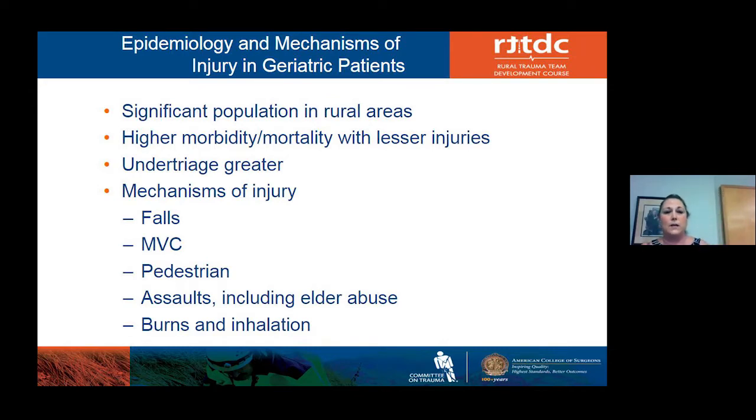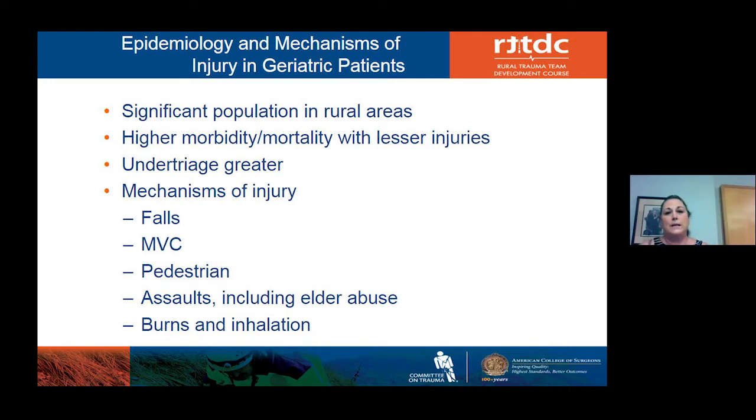So therefore, the geriatric patient, even at 90, could still be out in their home, living by themselves, and they could still be driving a vehicle. So these are all the things that we have to start thinking about when we're trying to plan for the patients in our own community, what we would be treating them for.